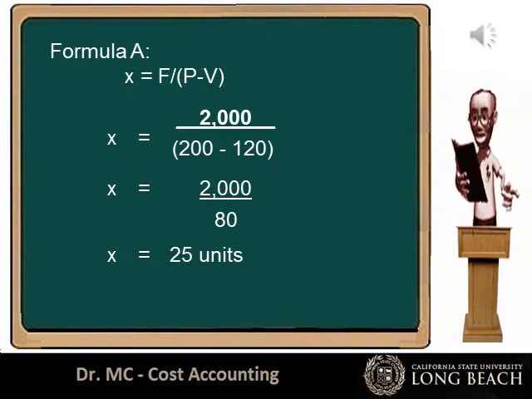This gives us X equals $2,000 divided by ($200 minus $120). This equation becomes X equals $2,000 divided by $80, which gives you the break-even point in units. We now know that our firm will break even when it sells 25 units.